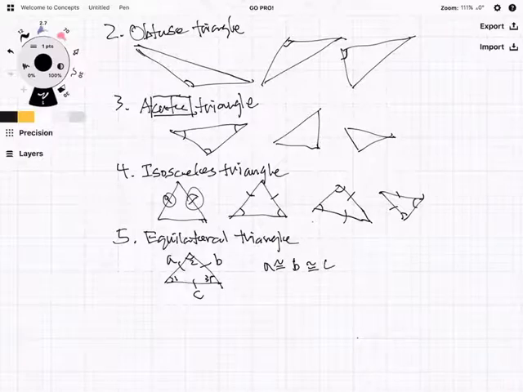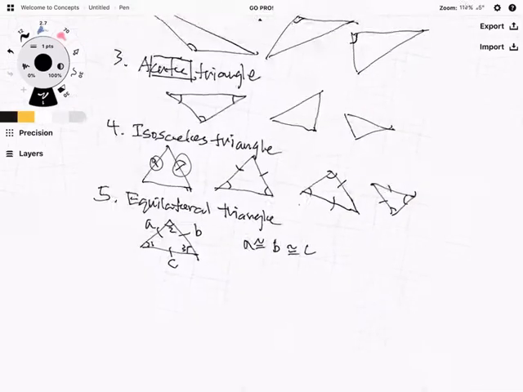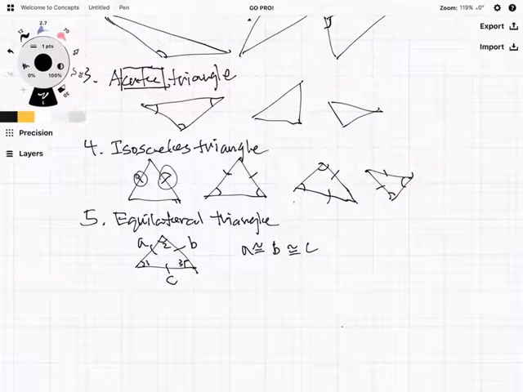You can also conclude from an equilateral triangle, since all three sides are equal, that all three angles must also be congruent. I'm going to give you a moment to think about what the measurements of the three angles are individually. I'll give you a moment while I write this out, so if my board can stop twitching. Angle 1 is congruent to angle 2, which is congruent to angle 3.